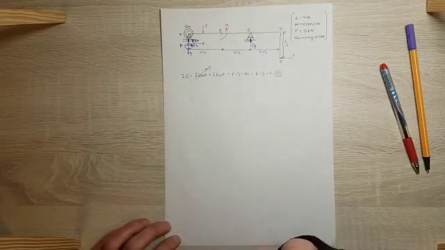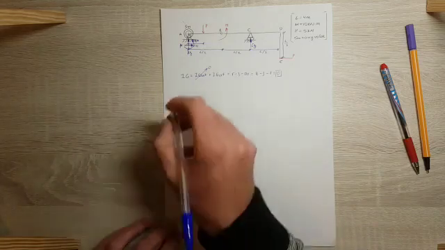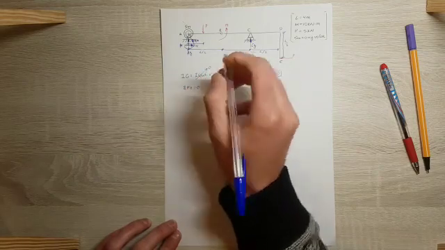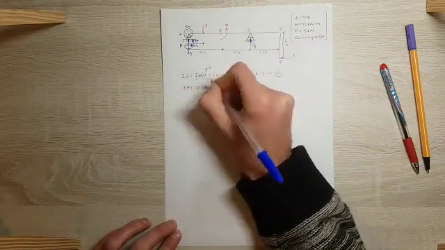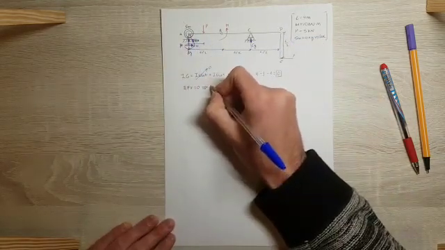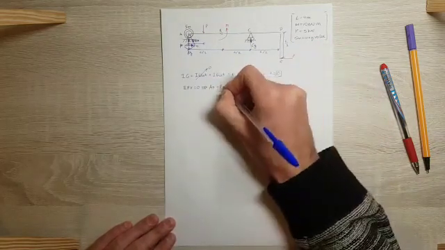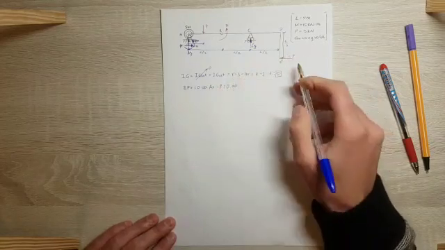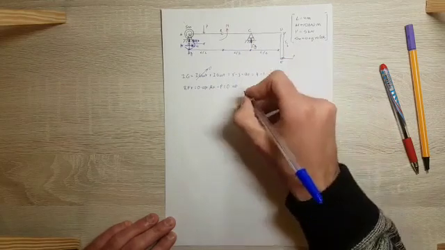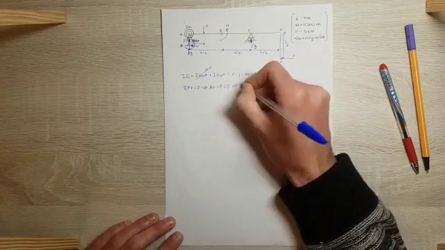So now I'm going to compute the reactions. First, the summatory of forces on the x-axis must be 0. So we have the reaction of A on the x-axis, AX, minus this punctual load, equal to 0, and we have that P equals 5 kilonewtons, so AX equals 5 kilonewtons.